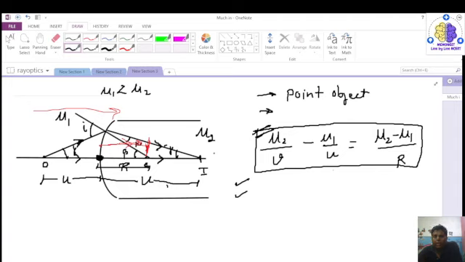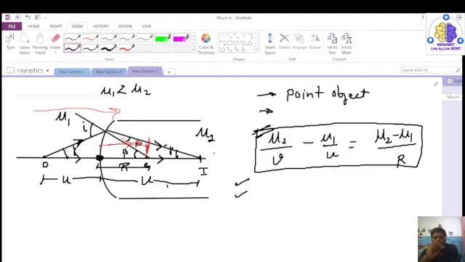So whenever you are putting the values in this formula, always remember, in mu1 you will be putting the refractive index of the medium which contains the angle of incidence, irrespective of it being a denser medium or a rarer medium.